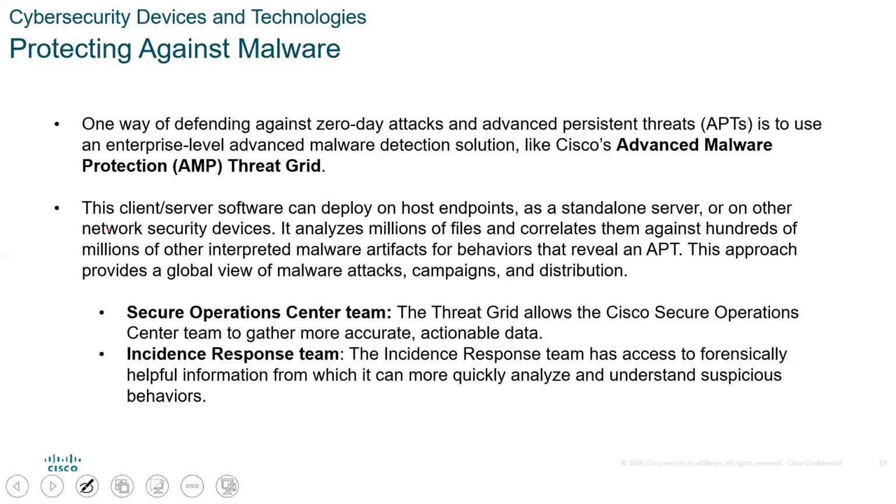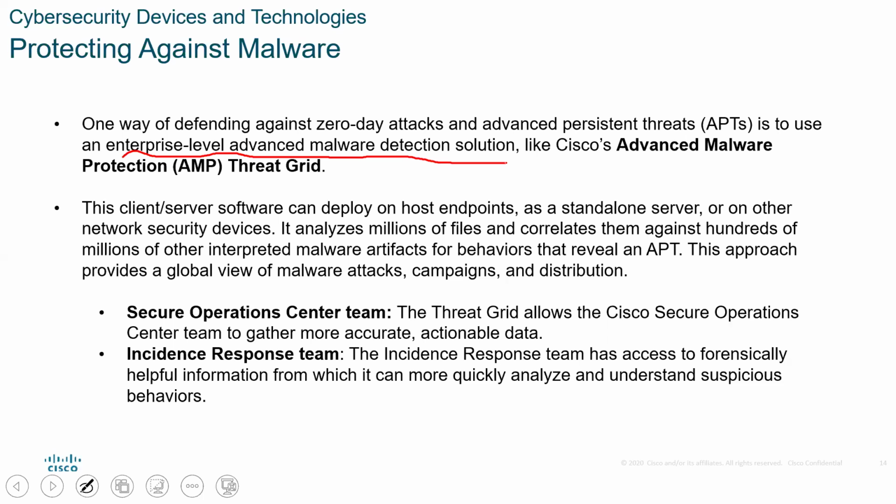So how do you protect yourself against malware or malicious software? One way of defending against zero-day attacks and advanced persistent threats is to use an enterprise-level advanced malware detection solution, like Cisco's Advanced Malware Protection, AMP. This client-server software can deploy on host endpoints as a standalone server or on other network security devices.